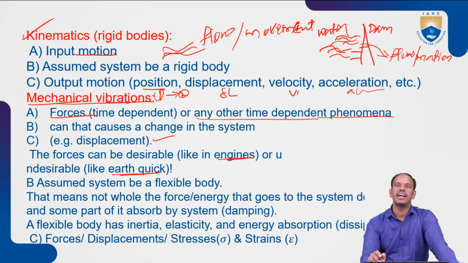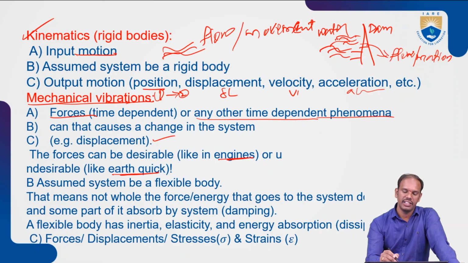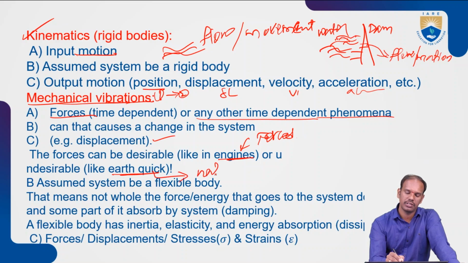As we said, there are natural frequencies and forced frequencies, right? This is called forced vibrations, because we are giving this input, and this is natural vibrations. So that may be flexible bodies.